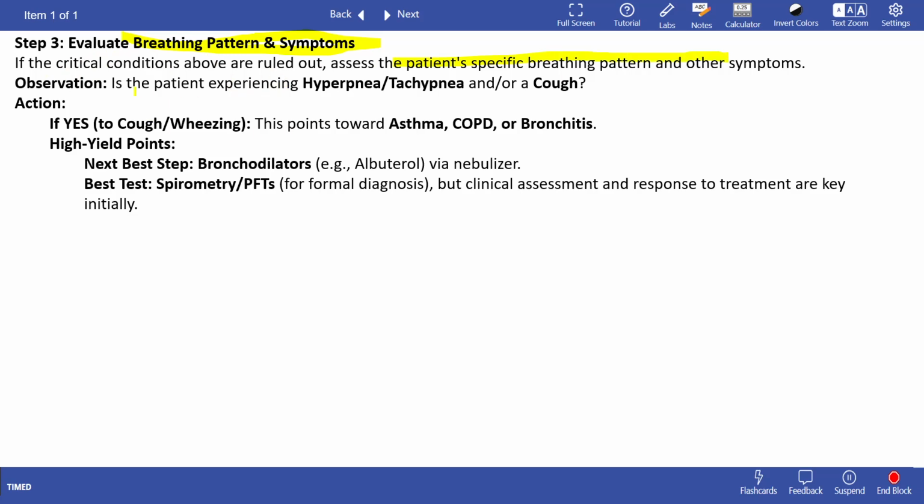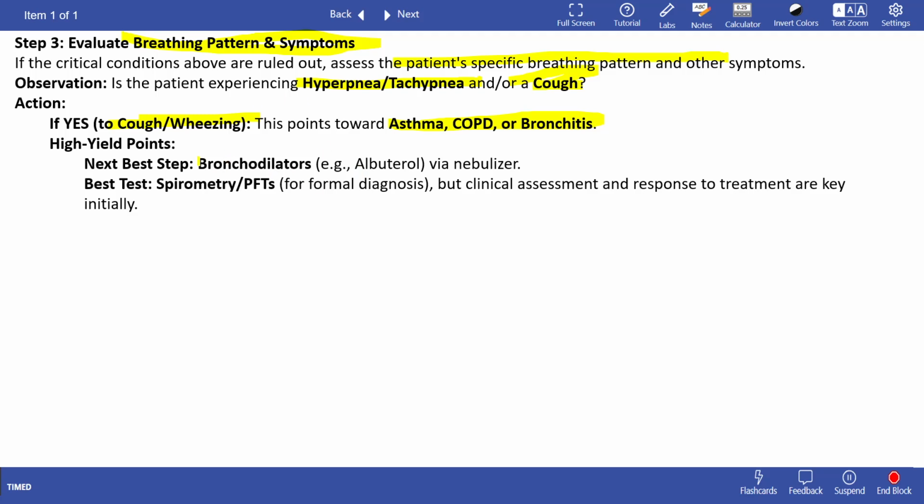The observation we get from observing the patient is whether the patient is experiencing hyperpnea, tachypnea, or a cough. If yes to cough and wheezing, then it points mostly towards asthma, COPD, and bronchitis. And the high point is that you stabilize the patient if it is an exacerbation of asthma or COPD.